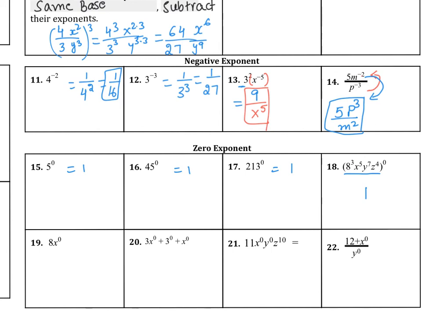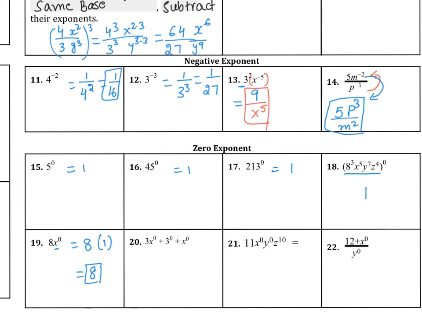Now for number 19, the 8 remains 8 because this is just 8, but now x to the power 0 becomes 1, so the answer should be 8.